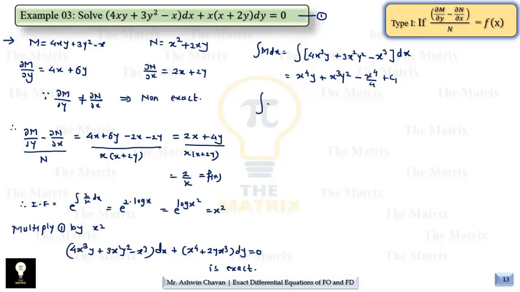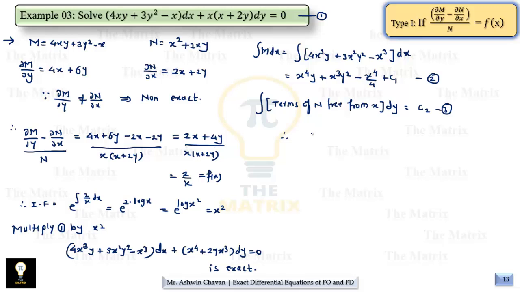Now the second part is the integral of only those terms of N which are free from x. But there is no such term because we have just multiplied by x square throughout. So there is no such term, that's why 0. So the integral is some constant, say c2. We call these equation 2 and equation 3.